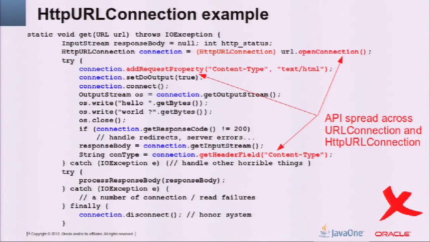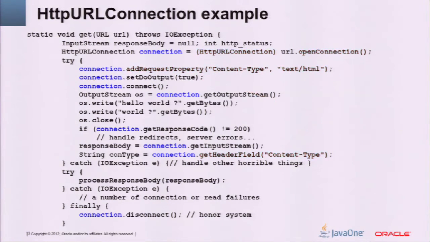But then when you read a response header, the method is called getHeaderField. So because of the way things are arranged, with HttpURLConnection trying to fit into this more general framework, you have some inconsistent method naming. None of these problems are the end of the world in themselves, but let me keep going.